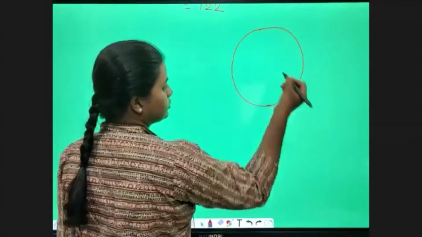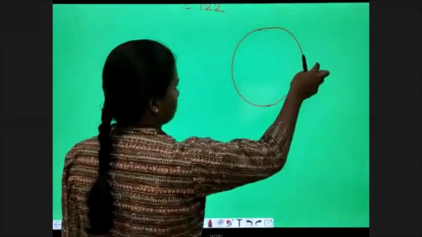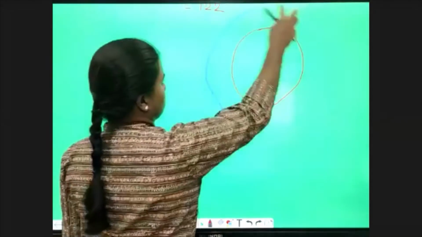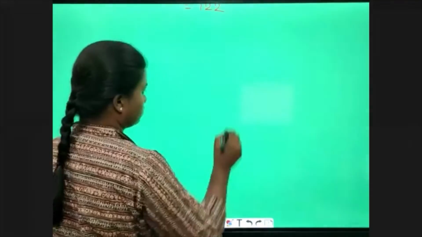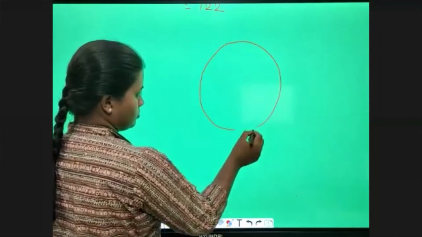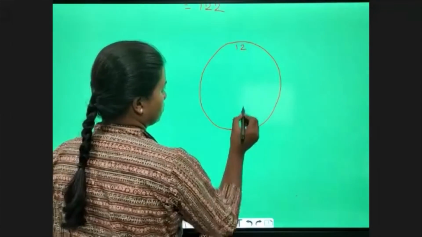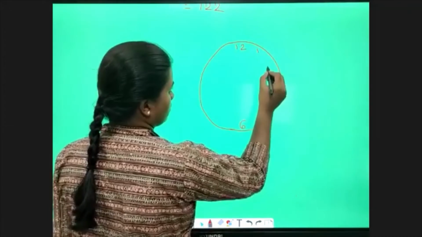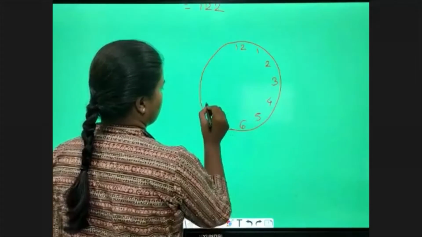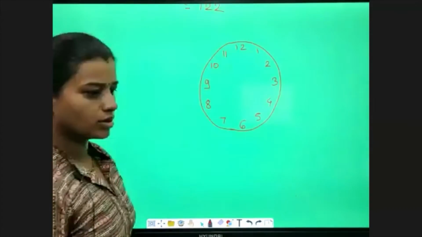Which digit is here? It's not a perfect circle actually. Okay.